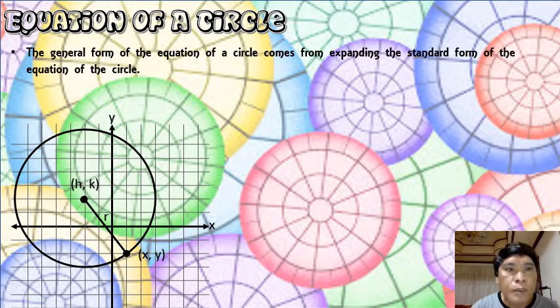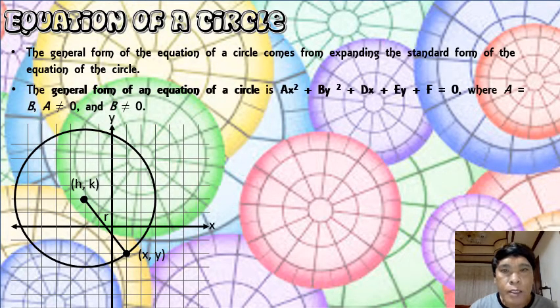Likewise, the general form of the equation of a circle comes from expanding the standard form of the equation of the circle. Thus, its form is ax squared plus by squared plus dx minus ey plus f equals 0, where a equals b and a is not equal to 0, hence b is not equal to 0.